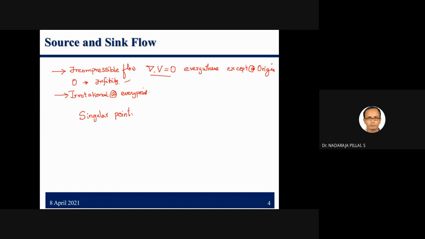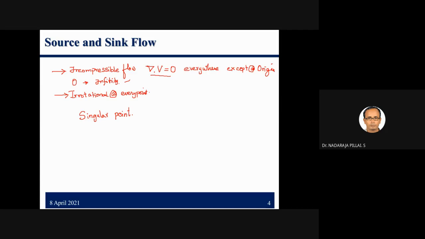We can interpret this singular point as a discrete source or sink of given strength, and we will go much deeper into the source and the sink. So far, the source is the origin O and the sink is the streamlines moving towards the point O.